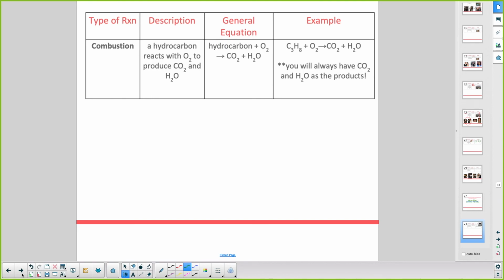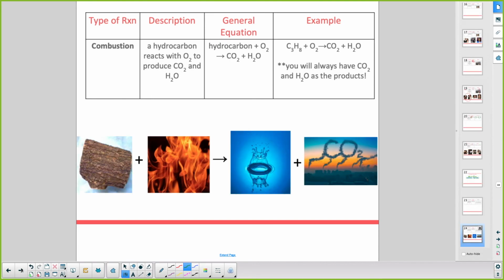Oxygen. If I put a cup over a match, is it going to continue to burn? No, I've cut off its oxygen supply. So combined with oxygen will then produce, what does fire produce? We talked about it. Water and CO2. Dirty air and water. H2O and CO2. So that's what's produced when you burn something.